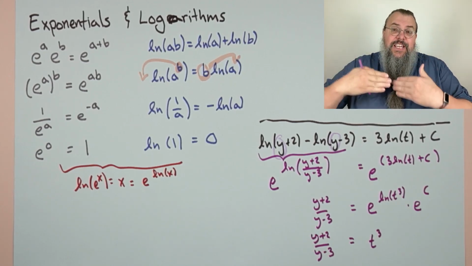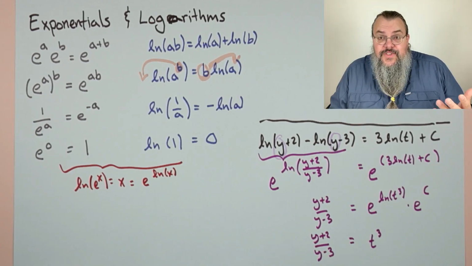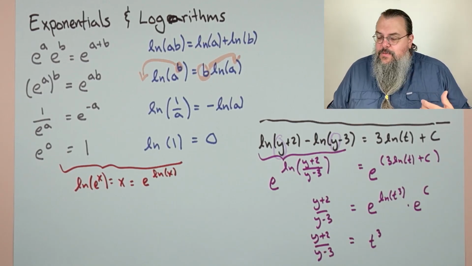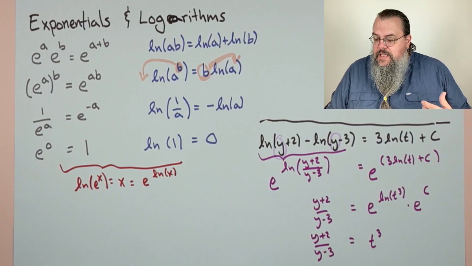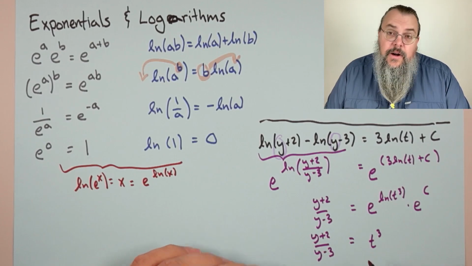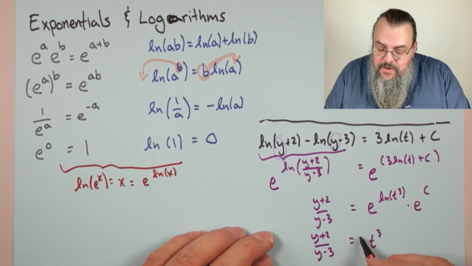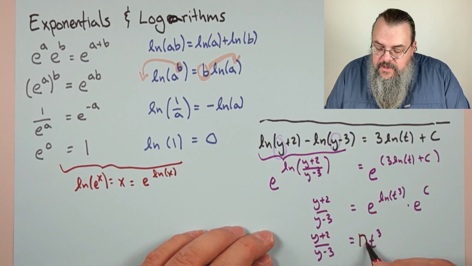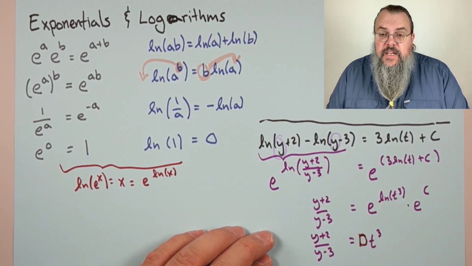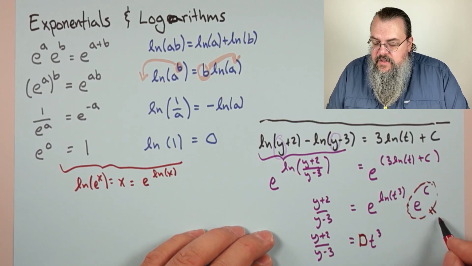So if I take e to a constant, the result is a constant. And so let's write in another symbol that's a constant. I tend to just reuse the same symbol, but just so that people don't wonder how I did that, I'll use the letter D. So this part right here is D.